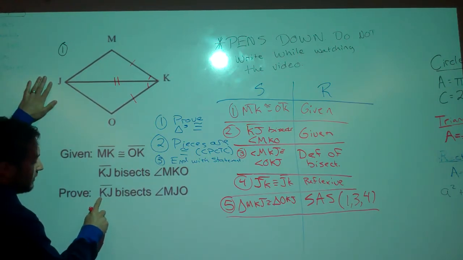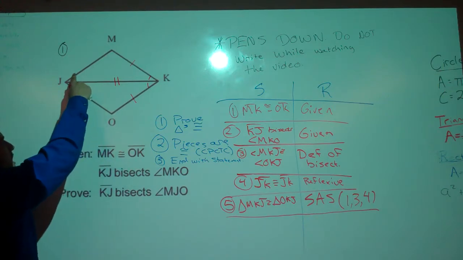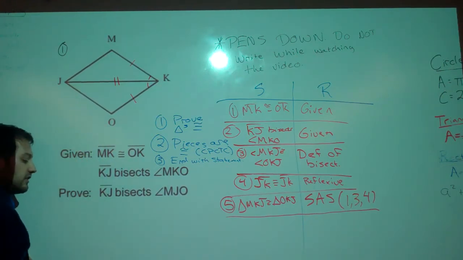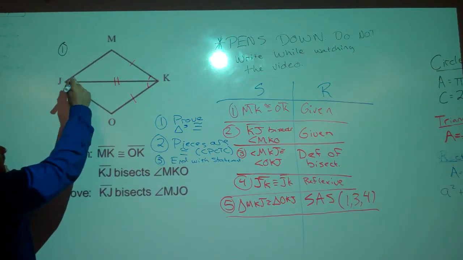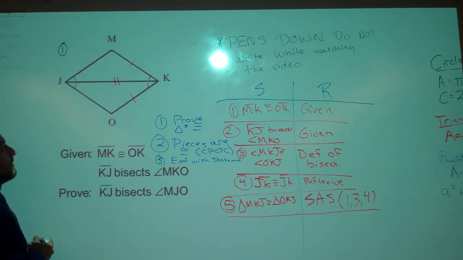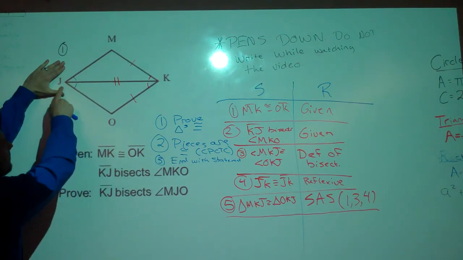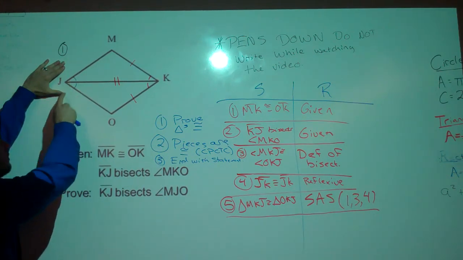The goal of this proof is to say that KJ is cutting MJO in half. So the pieces that I'm caring about being the same are these two up top, on the left side I should say. These two angles are going to be the same by CPCTC, and that will help me show that this one on the left gets cut into two equal pieces.